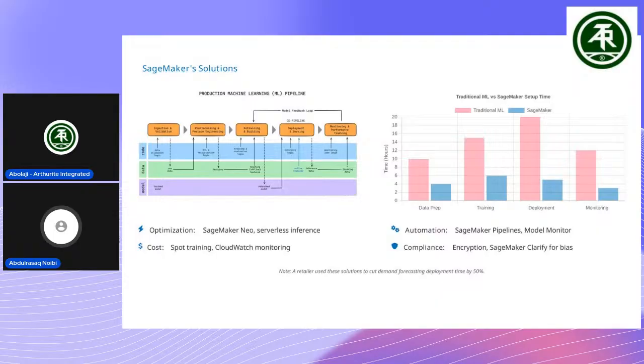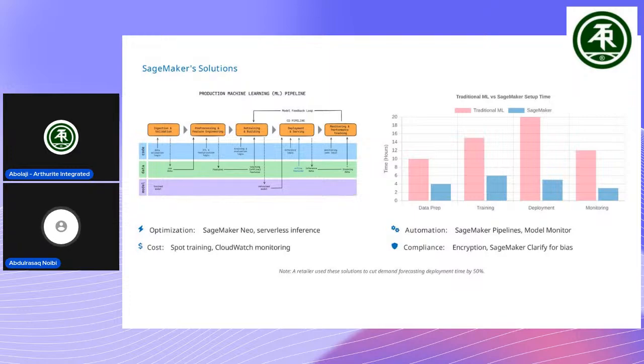All right. So if you look at the second chart at the right, we have the traditional ML and also the SageMaker setup time. What it's doing is comparing the time it takes to prepare your data, to train your data, the deployment, and also the monitoring.